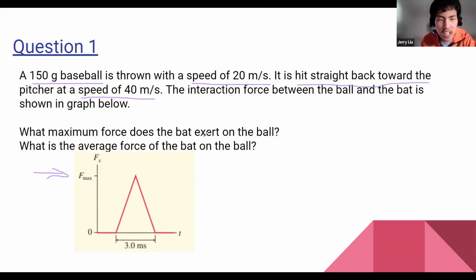Since I cannot see the chat, if you guys have an answer, just unmute yourself and say it. The chat's unavailable to me at the time, and I'll give you guys a couple of minutes to try to solve each part of this question.